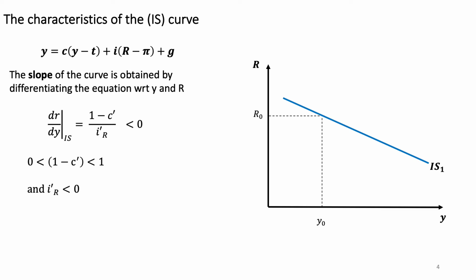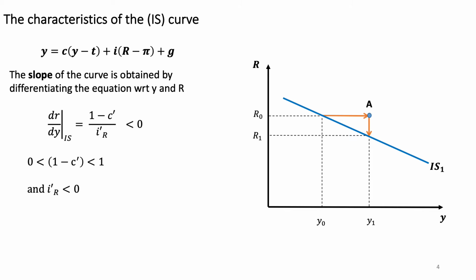So what does it mean when IS is more or less steep? Let's take two examples. First, IS1, which is not too steep. Say that the income increases and we go from the equilibrium to point A. To come back to the equilibrium, we need investment to increase, which requires that the interest rate decreases from R0 to R1.